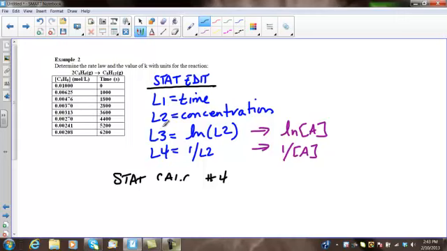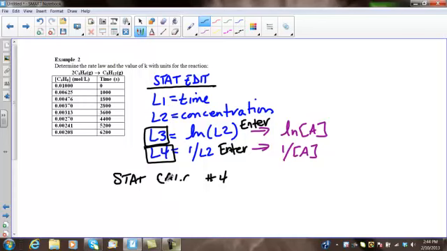You're going to highlight the very top of the list where it says L3 and enter ln of L2, and then hit enter, and it will self-populate that list. And then you're going to highlight L4, type in 1 over L2, enter, and it will self-populate that list.